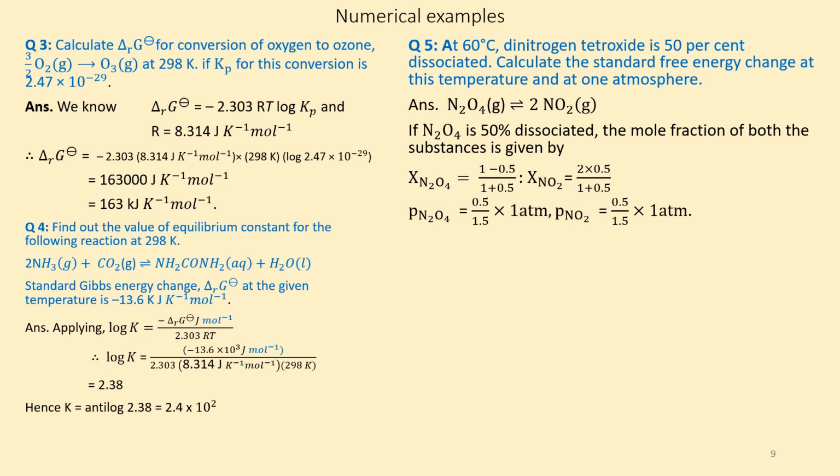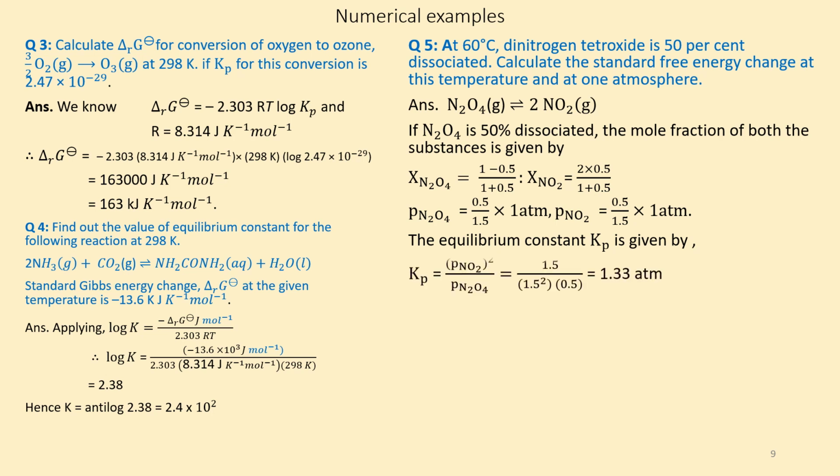Therefore, P of N2O4 is equal to 0.5 divided by 1.5 into 1 atm, whereas P of NO2 equals 0.5 divided by 1.5 into 1 atm. The equilibrium constant Kp is given by the relation Kp is equal to P of NO2 whole square divided by P of N2O4, that is equal to 1.5 divided by 1.5 whole square into 0.5, that is 1.33 atm.